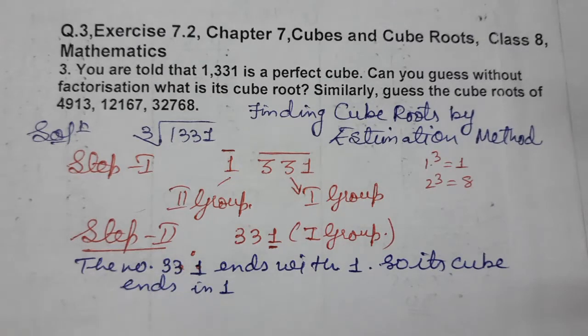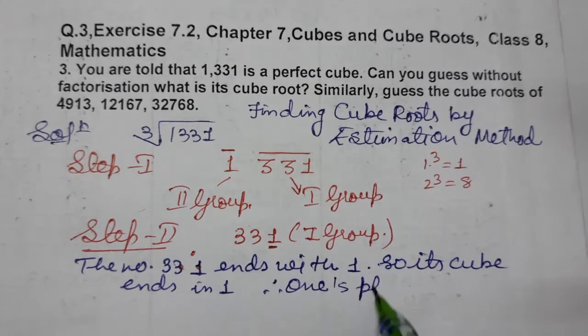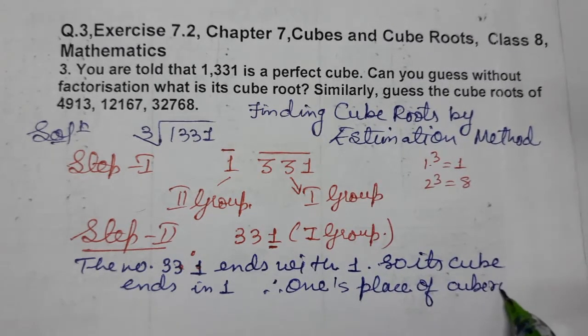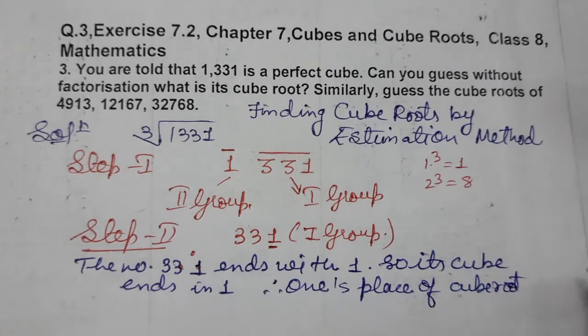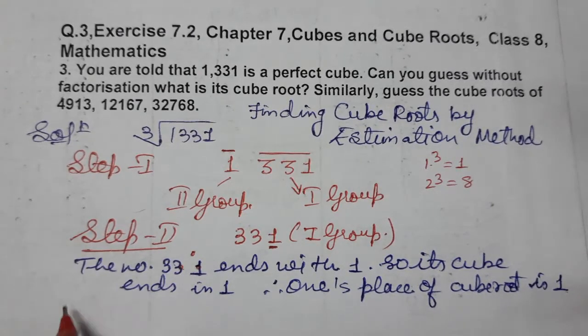Now step 3, we got the ones place. Therefore the ones place, or unit place, of the cube root is 1.